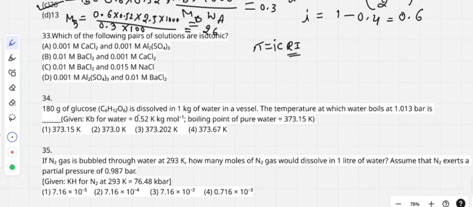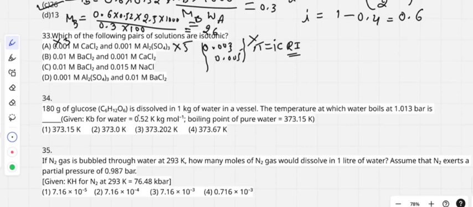This is multiplied by 3 and this is multiplied by Al2(SO4)3, which means i is equal to 5 here. So it is multiplied by 5. So it is 0.03 and 0.005. So pi is not the same.